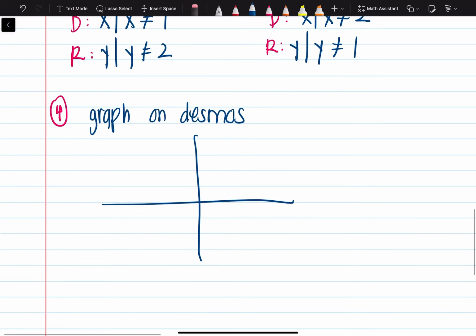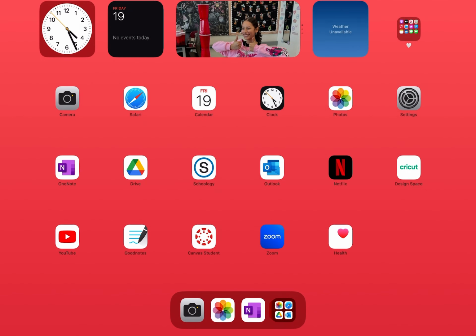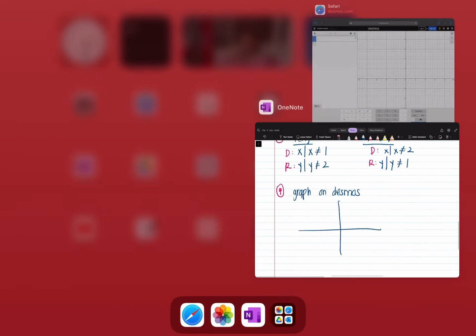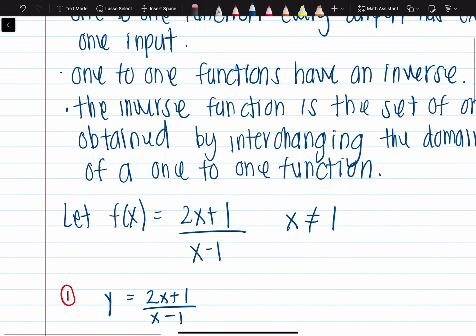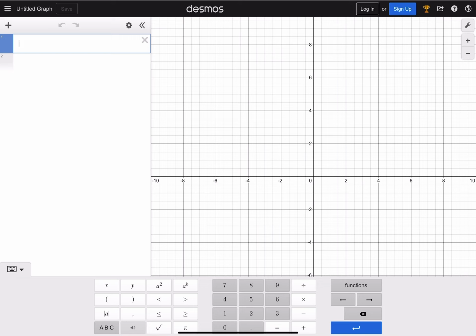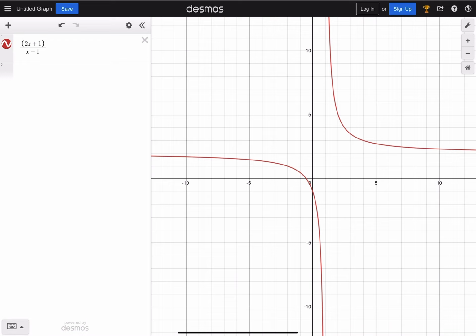So let's go ahead and see what those graphs look like. If I go to Desmos, let me type in my original function f of x, which was (2x + 1) over (x - 1). Okay, there's my original graph.